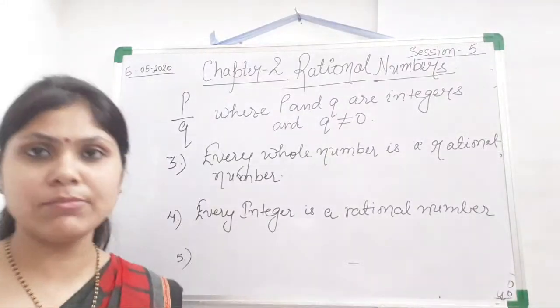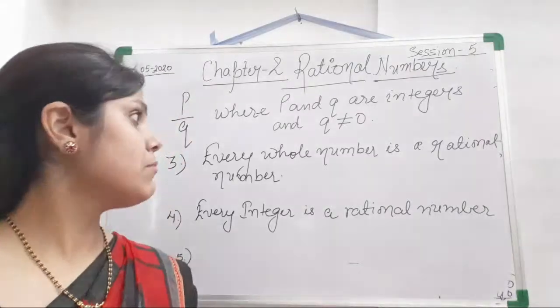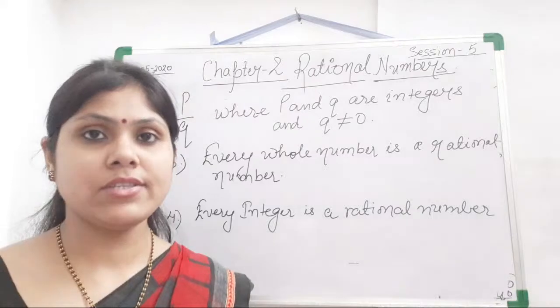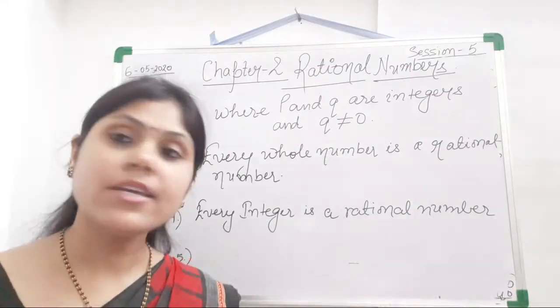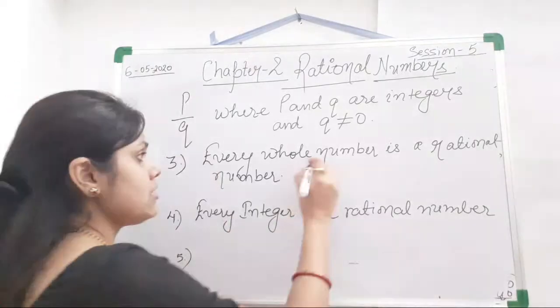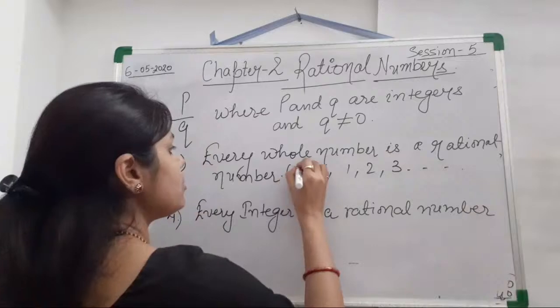I just talked about natural numbers. What about 0? When 0 is included, it becomes a whole number: 0, 1, 2, 3 and so on.